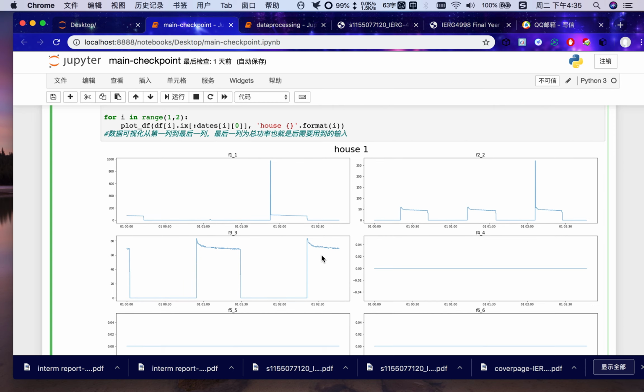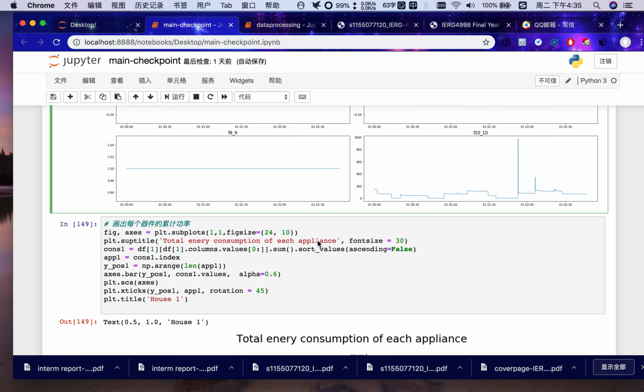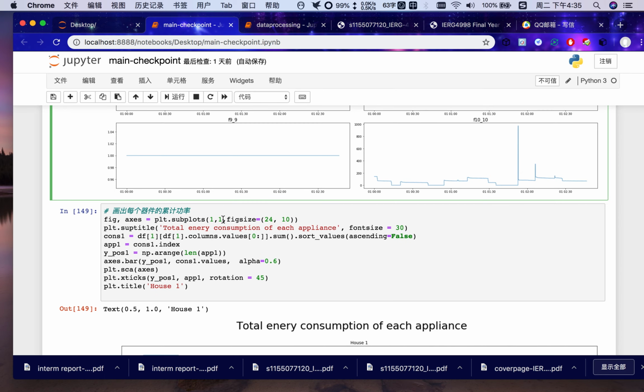This problem is quite simple, because it's a projection model based on the time series. So we just train the regression projection models on each appliance.